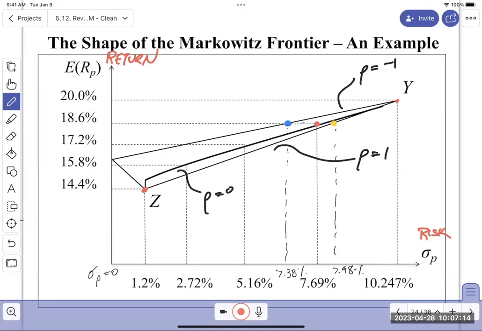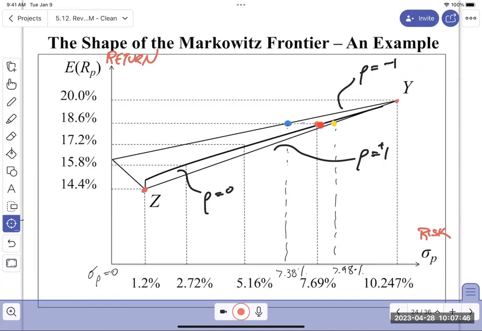And what happens is that there's higher risk, because the lowest risk one diversifies away the risk. So if they are perfectly negatively correlated, you're able to diversify the risk and get lower risk.